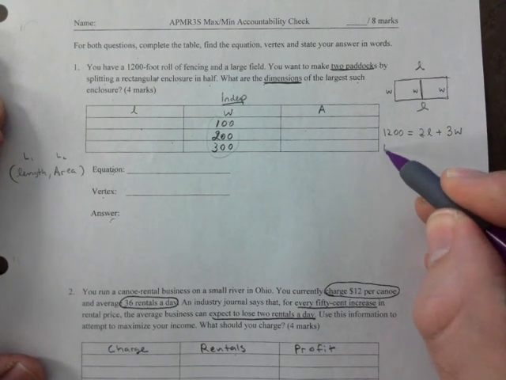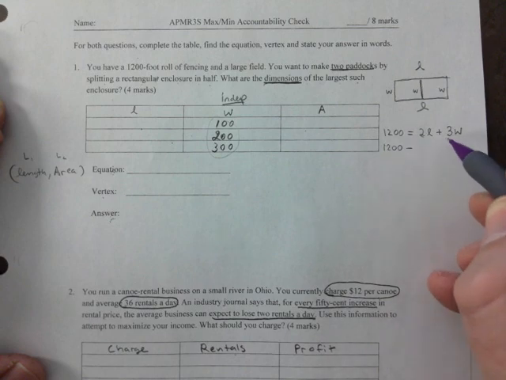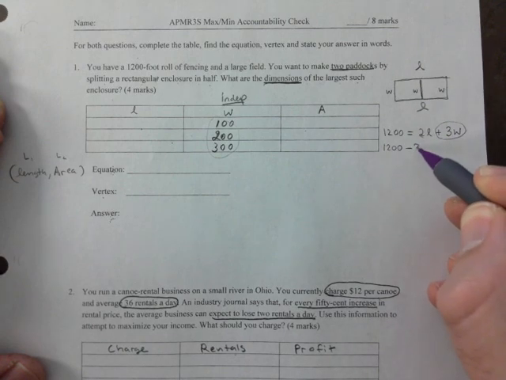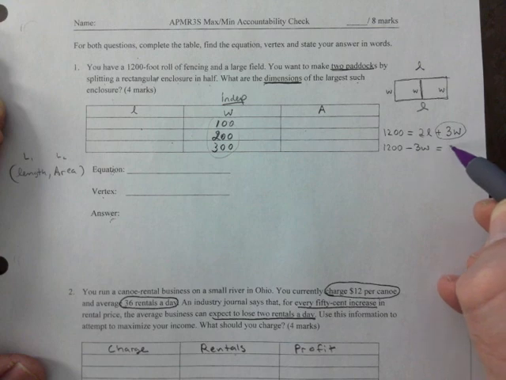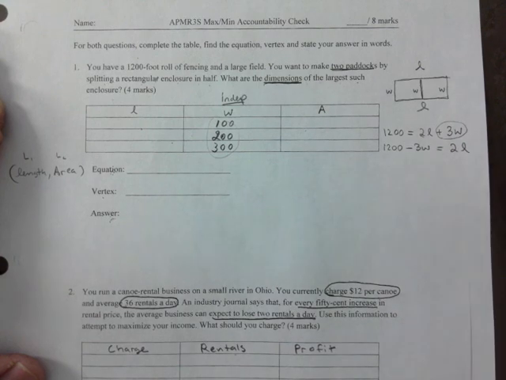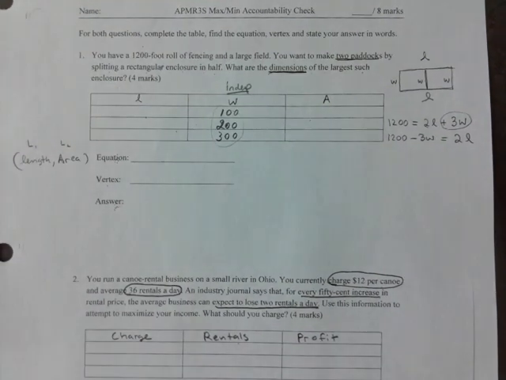So watch what I'm going to do here. 1,200 minus, I'm going to bring the 3W over, and then you're left with 2L. This is probably where a lot of you are going to forget to divide by 2, right? Because I feel like the assignment may not have had enough 2Ls.